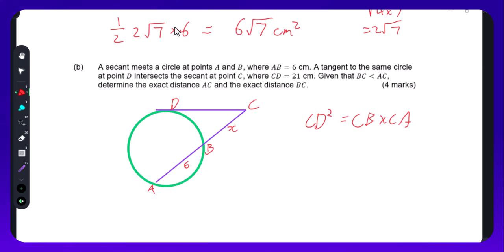So it's going to be 21 squared equals CB, which is x, and CA is going to be, from C to A, x plus 6. So that ends up getting you 441 equals x squared plus 6x.